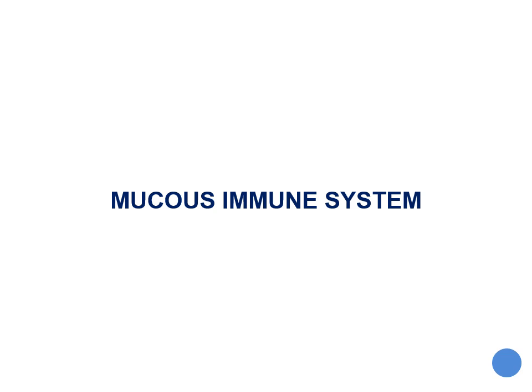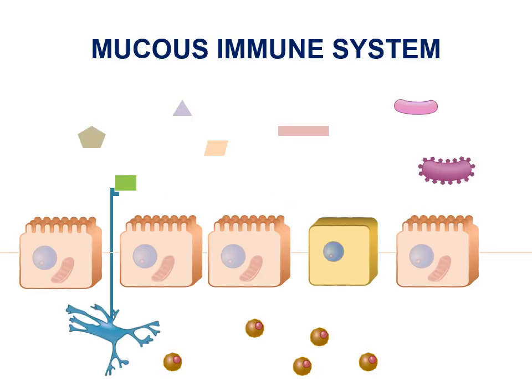And now there is the mucous immune system, which was already mentioned in the lecture on glycoproteins and proteoglycans. The mucous system is on the mucosa, and it is preventing some pathogens from targeting the mucous cells themselves or the submucous part of the body.